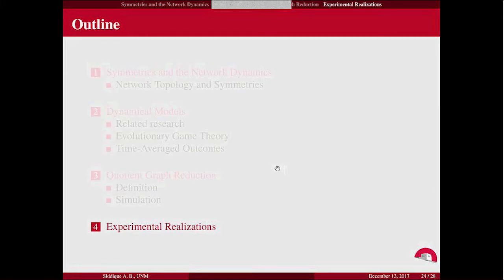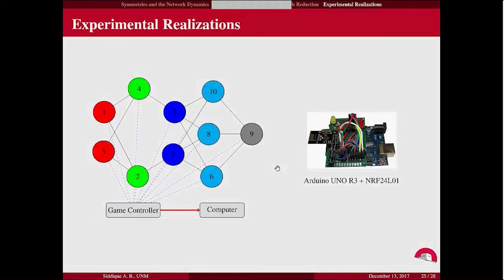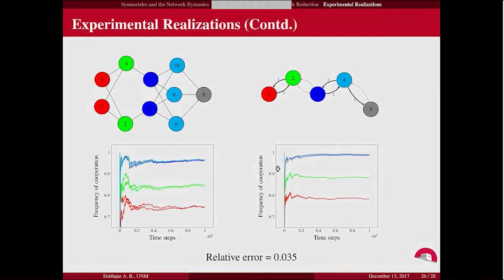And I'd like to present an experiment. Here we construct a network with Arduinos and radio transceivers. Each node is an Arduino with a radio transceiver, and we could construct a network using this wireless communication. We continued our experiment on evolutionary game theory on this network, and we can see the result.